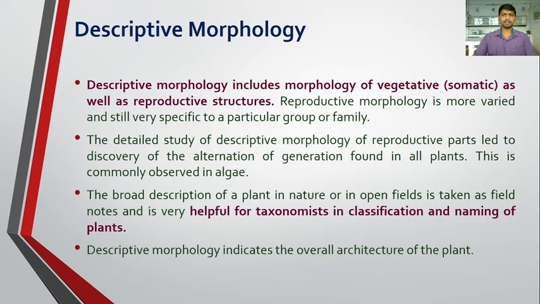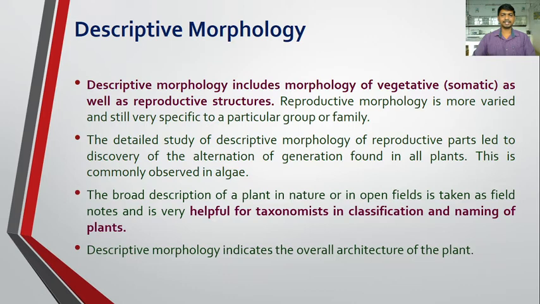The broad description of the plant in nature or in open fields is taken as field notes, and is very helpful for taxonomists in classification and naming of the plants.